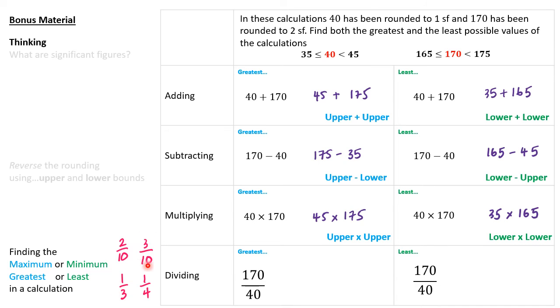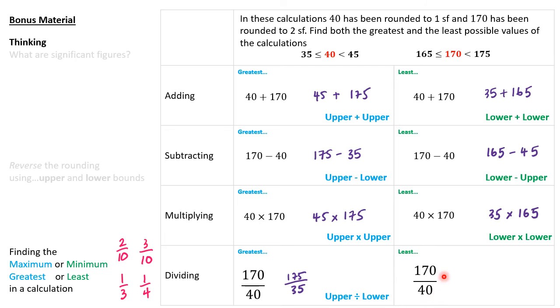So 3/10 is bigger than 2/10, so that reminds me that I need the biggest numerator. But a third of a cake is bigger than a quarter of a cake, so that reminds me I need the smallest denominator. So I need the biggest number on top, so the upper bound on top, and the lower bound underneath, so upper divided by lower.